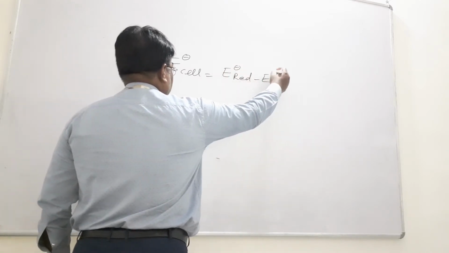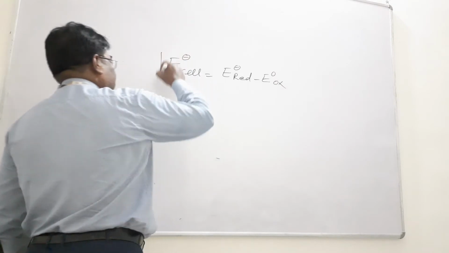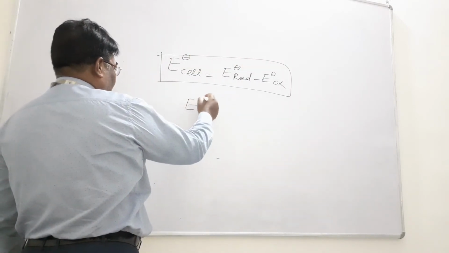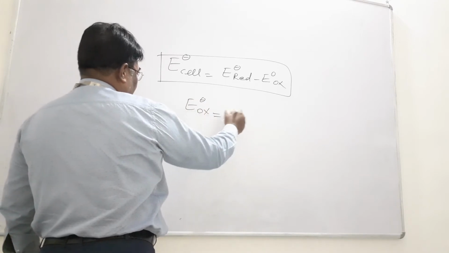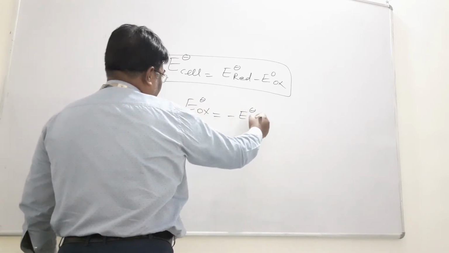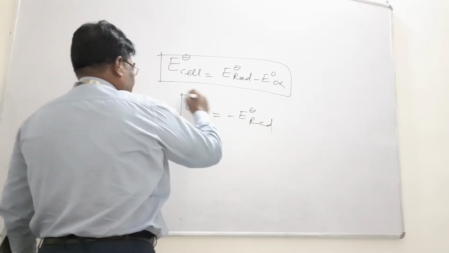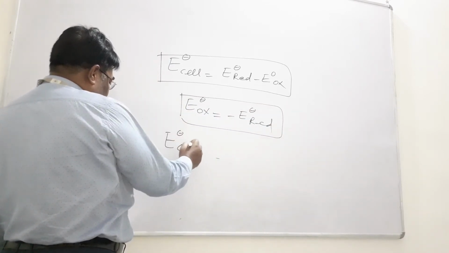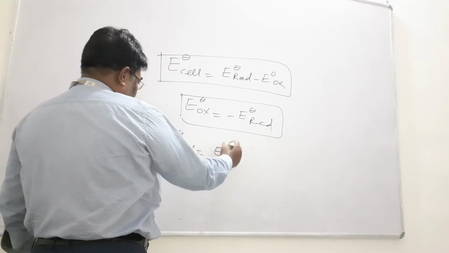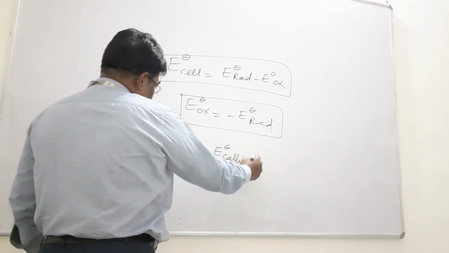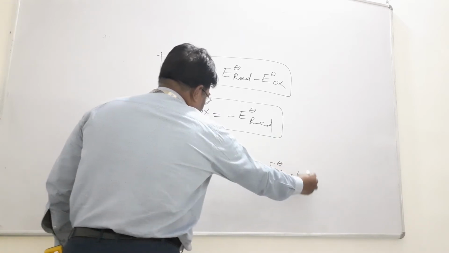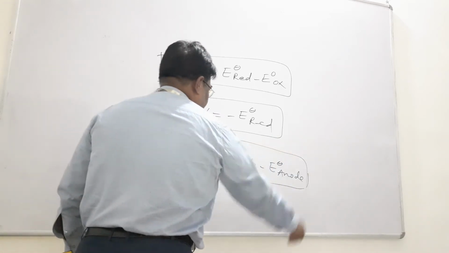These were already discussed. And all of you know that E naught ox is the negative of E naught red. So please understand the formula. Similarly, E naught cell is equal to E naught cathode minus E naught anode. All of you understand and are familiar with it.